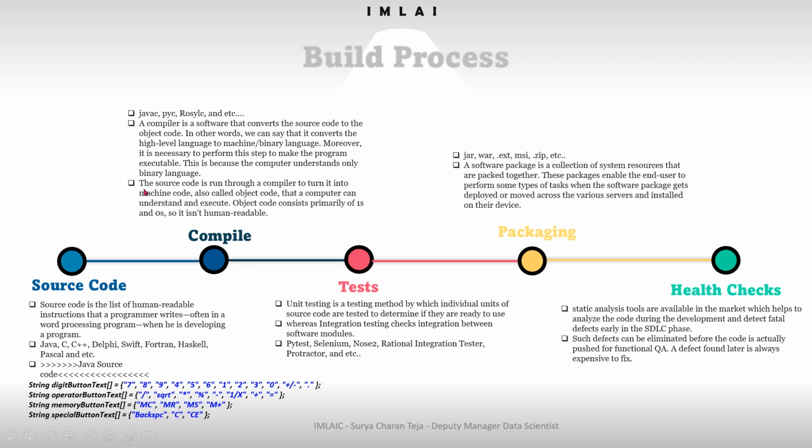They will compile the code, especially for compiled languages like Java, .NET, C, like that. They compile the code, then they test it. If it works as per their wish, then they will package it.